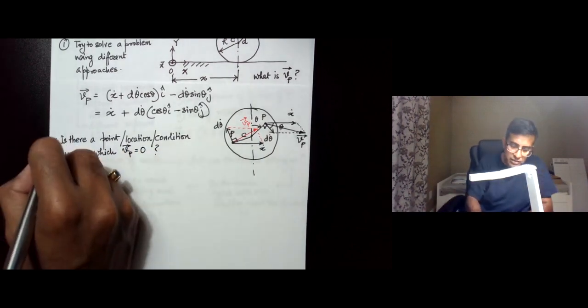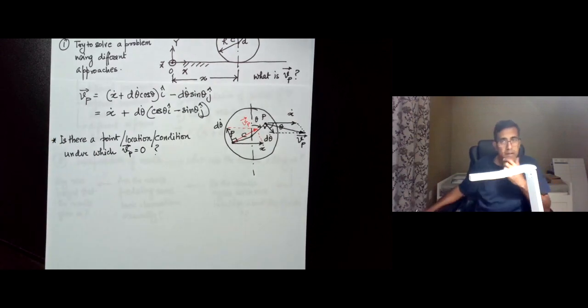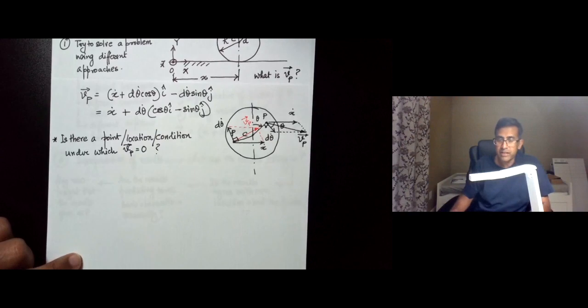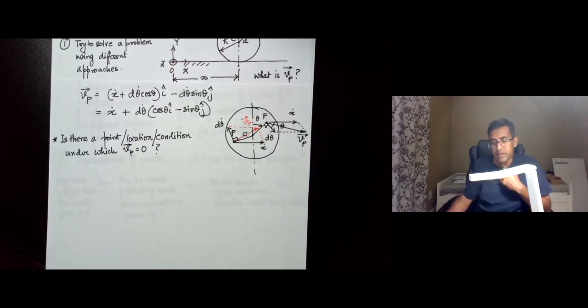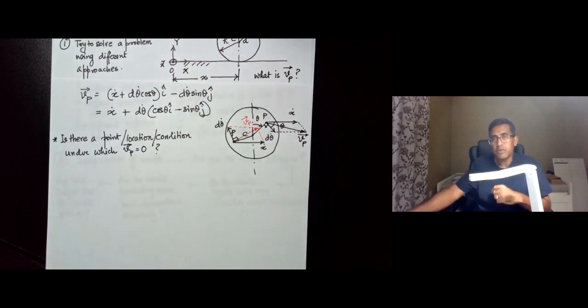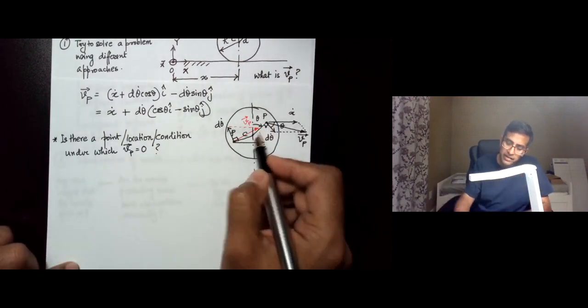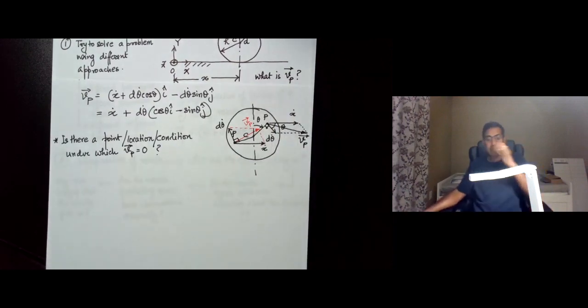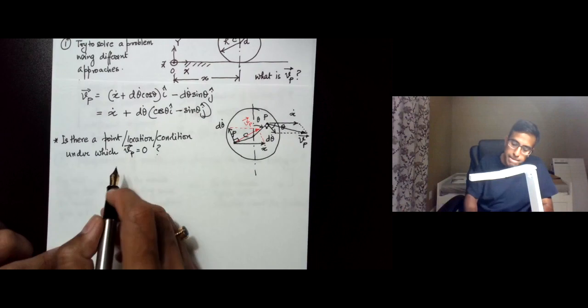So let us consider this question for a second. Is there a condition under which the velocity of P is going to be equal to 0, considering that P is at a distance of d from the center and the disk is translating and rotating.